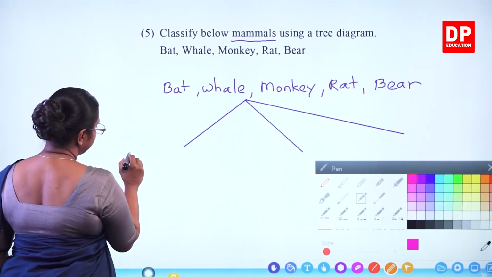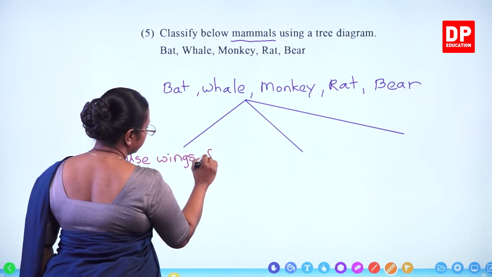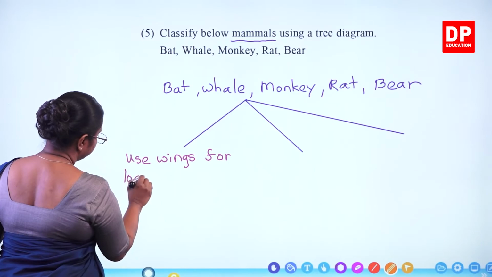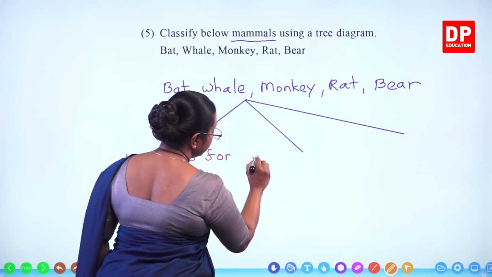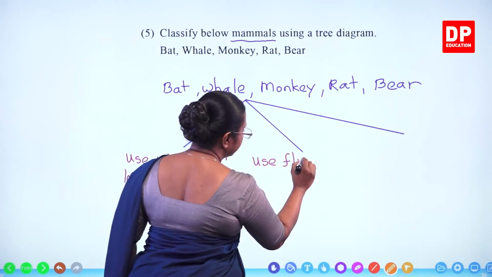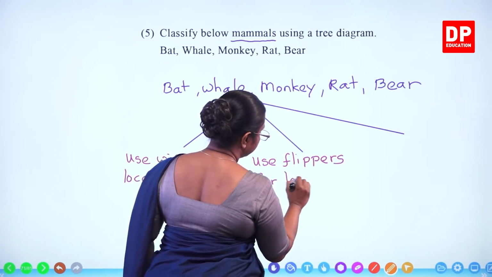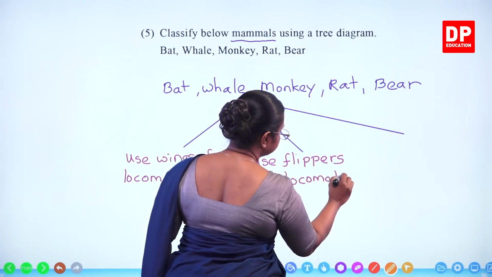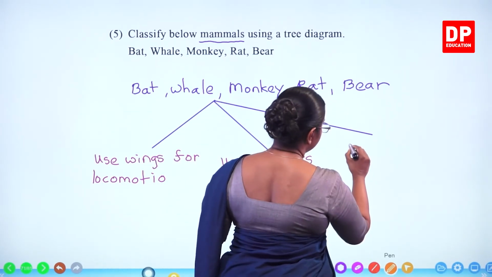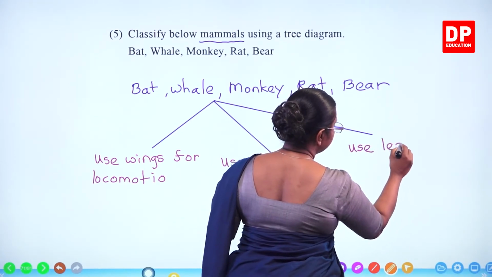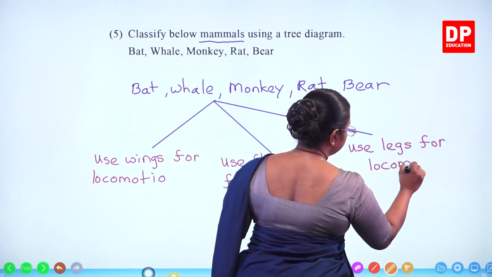So, here I can say use wings for locomotion. Here I can say use flippers for locomotion. Then on this side, use legs for locomotion.